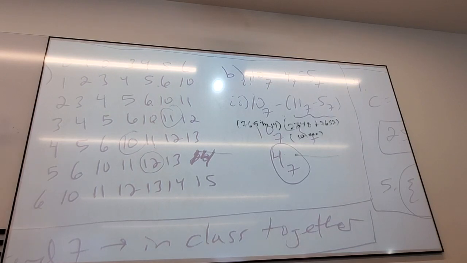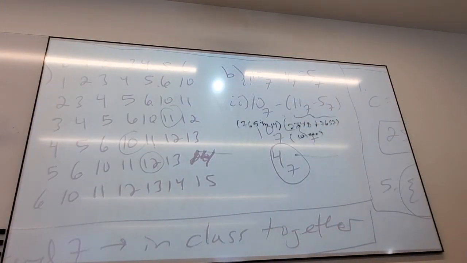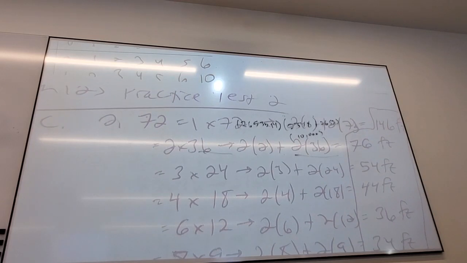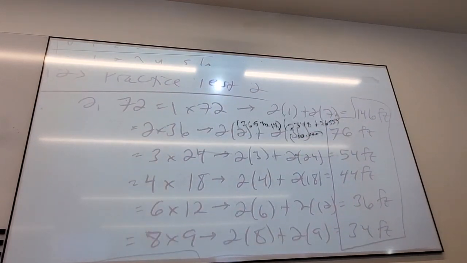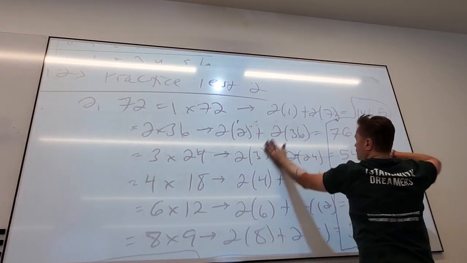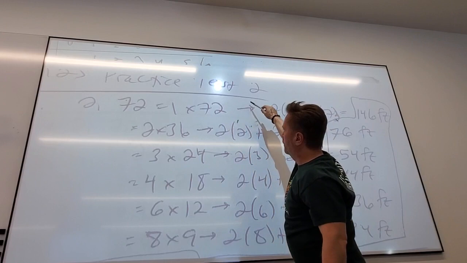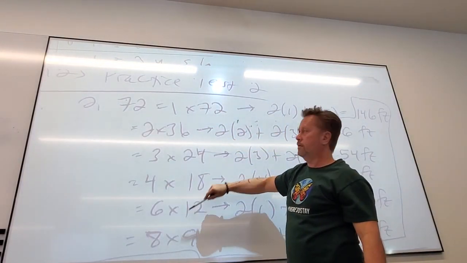Now I'm a little bit confused about number 2. Oh, thank you. That's why I was raising my hand. I just thought that area was length times width. Yeah, but area is length times width is how I made this list.